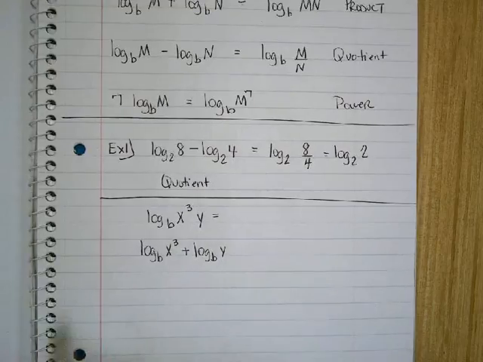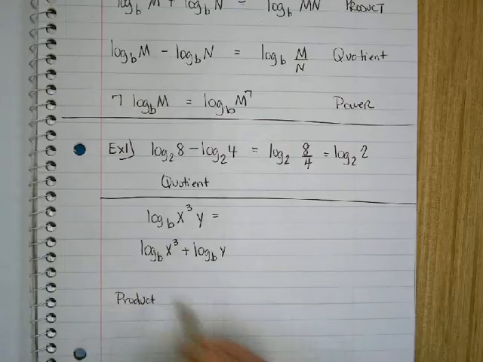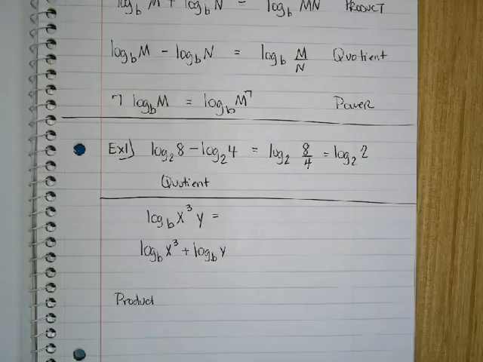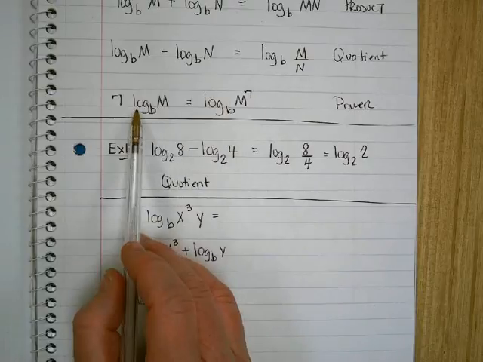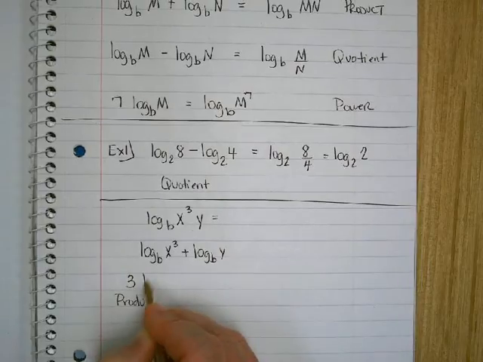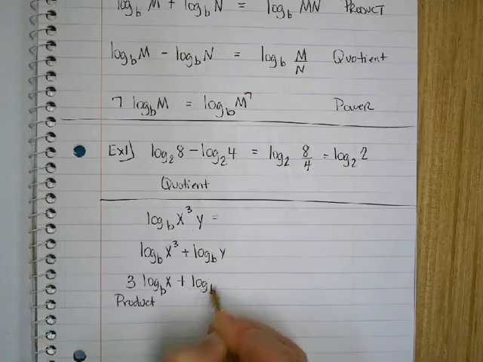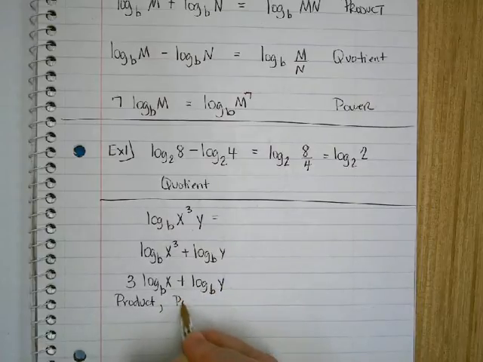And what property did I use right there? Product. But we're going to go one step further. The 3 that's attached to the x, I can rewrite it, and where would I put it? In front of it. So it would be 3 log base b of x plus log base b of y. Now I've also used the power property.